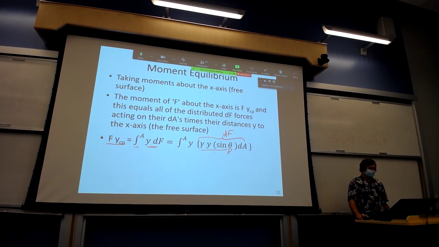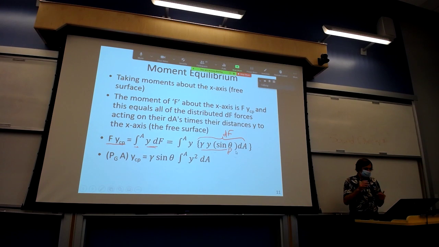So now what we have to do is take this equation and substitute in for the left-hand side. We know that the resultant force F is pG times A. It's got a moment arm yCp to the free surface. And you can see that we brought gamma and sine theta out of the integrand because they're constants. And again, the integral over the area of y squared dA, you should now recognize as an old friend.